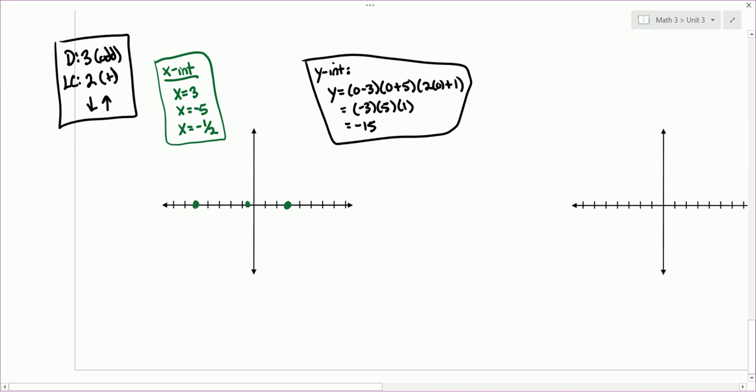Negative 1/2 is between 0 and negative 1. We have a y-intercept at negative 15. And we have the left side pointed down. All our x-intercepts, there's no repeats, so we're going to pass through all of our points. So when you pass through that negative 1/2, you're going to dip down to negative 15 and then back up, and we have our graph.